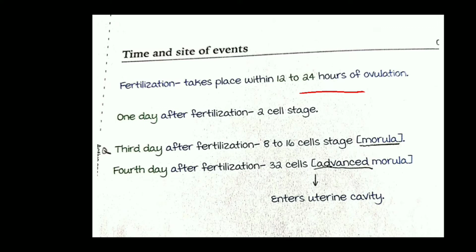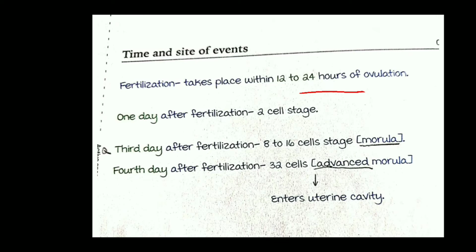In that I explained why fertilization has to take place within 12 to 24 hours of ovulation, because the secondary oocyte in metaphase arrest will wait only for 24 hours. Within that time period the fertilization has to take place.